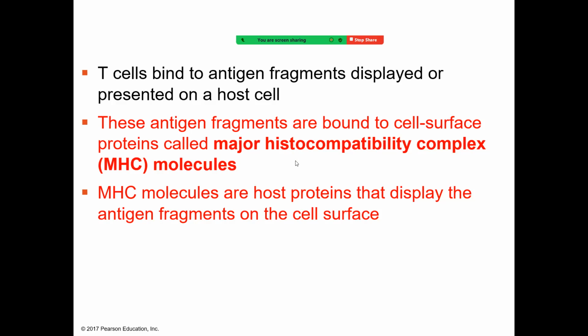But the main thing that's going to happen is that these MHC molecules are going to help T cells get activated by displaying pieces or parts of potential pathogens. So they're displaying antigens on the surface of the cells that allow for the immune system to know that there could be a potential problem afoot.